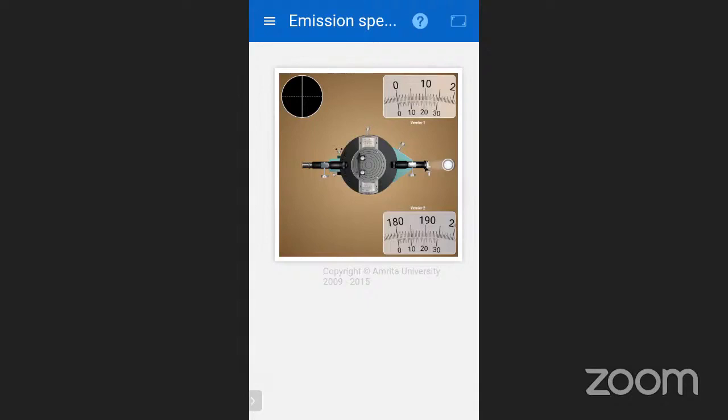We need the lines of green, blue, yellow, violet, and red light to coincide with the 90 degrees one by one. So we move the telescope to the right-hand side, and the red light will coincide with the 90 degrees.